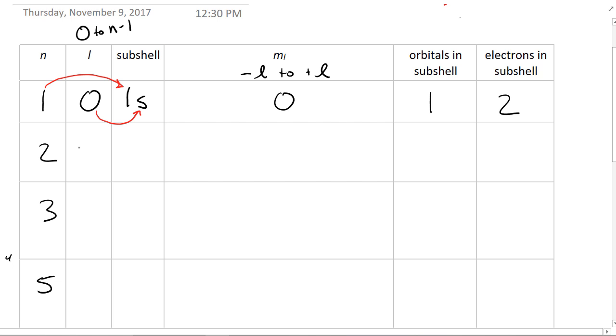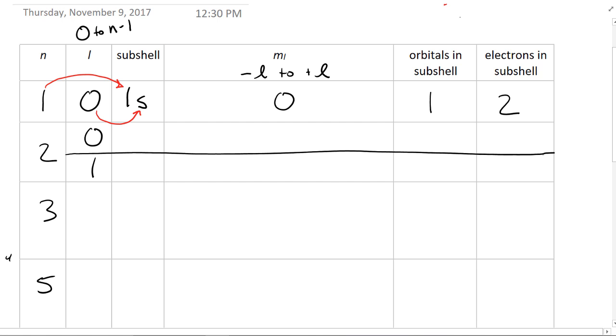Now if we go to where n is equal to 2, that means L could either have a value of 0 or 1. And so we're going to break this up here, going across. The subshell notation for this first one is going to be 2s, because, again, the number 2 comes from n, and when L is equal to 0, that tells us we're in the s subshell.